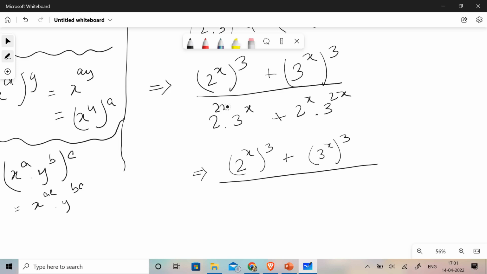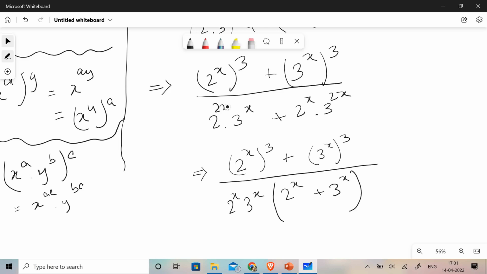We can take some things common, and to me it seems like 2 to the power x and 3 to the power x can be taken common, right? And if I take this out, what would be remaining? We would be left with 2 to the power x plus 3 to the power x.